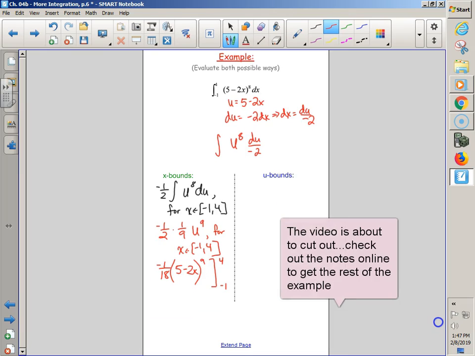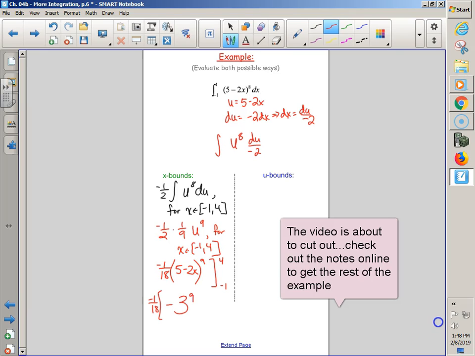And then, solve. What would I end up with? Let's see, -1/18. Let's forget the dots. Let's just solve it. -1/18 times, I'm just going to do FTC, like -1/18 has been pulled out of F of b minus F of a. 2 times 4 is 8. 5 minus 8 is -3. -3 to the 9th is negative, because an odd power of a negative just ends up being negative, so -3 to the 9th.